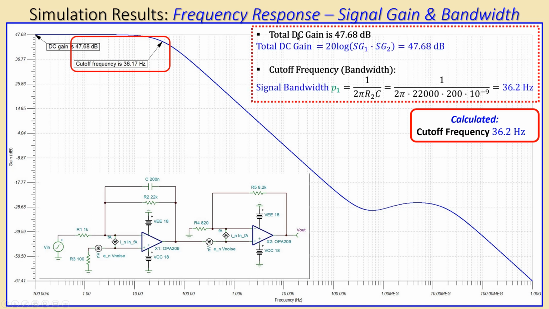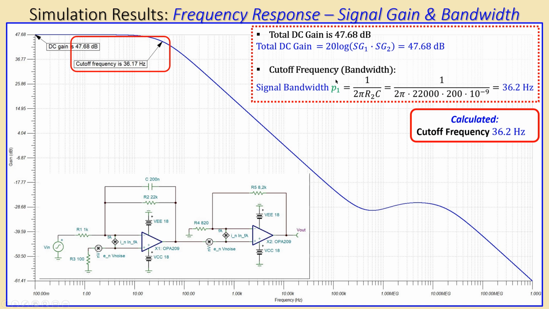And what you also see is that the total DC gain here is, from the calculation, exactly the same, because it is the signal gain of the first stage times the signal gain of the second stage, which will be the 2 times 11 that gives you this result.